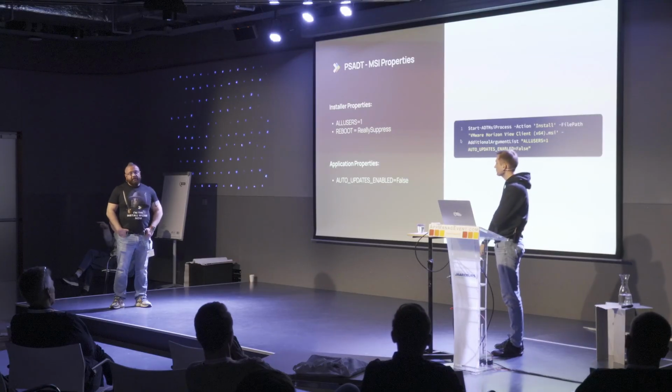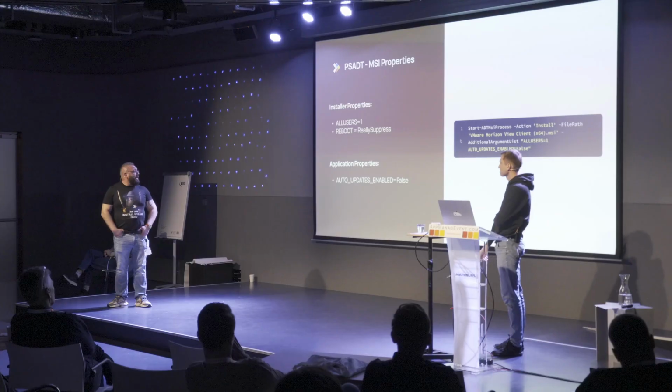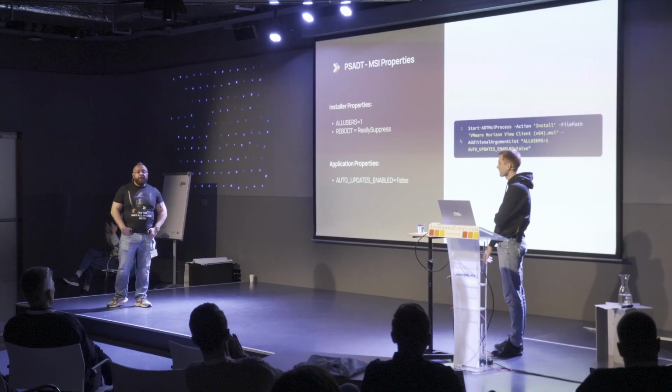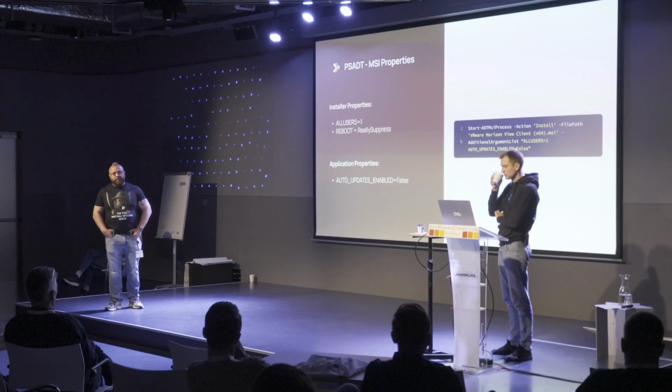So if we look at PowerShell App Deploy Toolkit, we will set a number of installer properties, things like all users, reboots equals ReallySuppress. What gets interesting is when you try to apply application properties, something like disabling an auto-update mechanism.